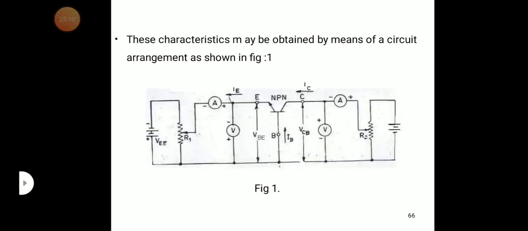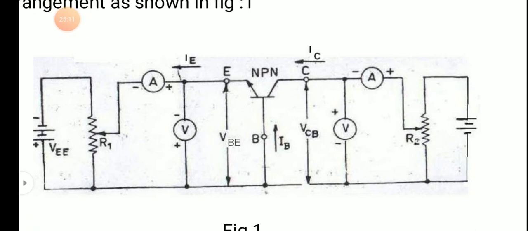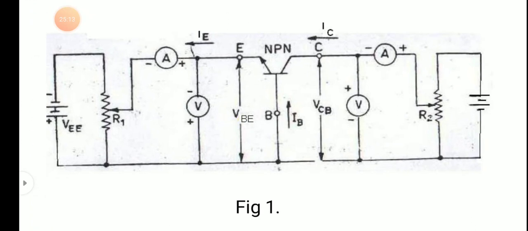These characteristics may be obtained by means of a circuit arrangement as shown in the figure. You can see how it is. Common base is there. What we need here are two voltage regulators, two ammeters, and two voltmeters.